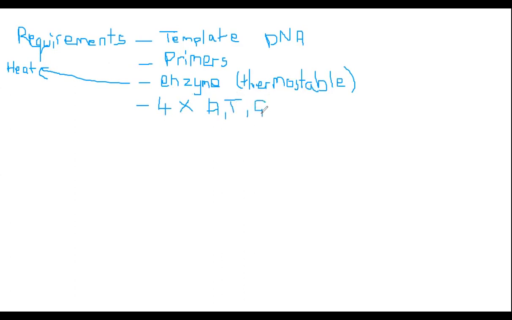A, adenine, thymine, correct, guanine, cytosine. So they're the 4. All right, so you need to add them. If you don't add them to the reaction, then the enzyme doesn't have those building blocks required to copy your gene of interest. All right, terrific.